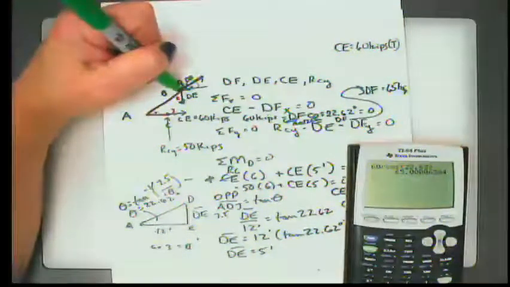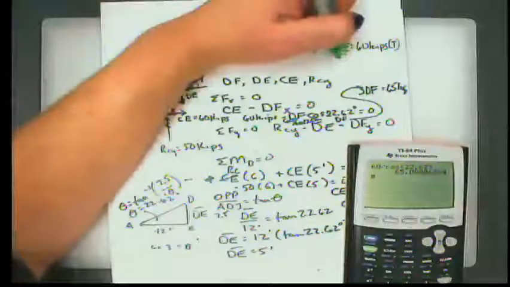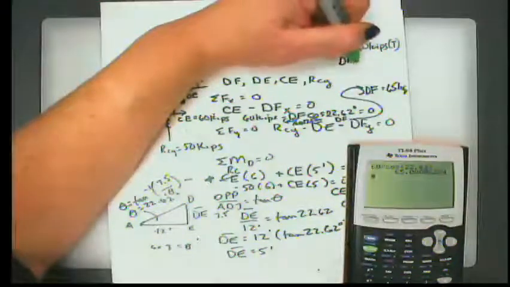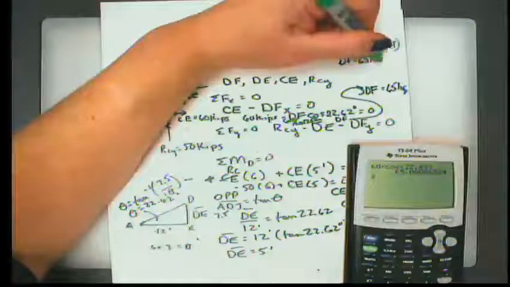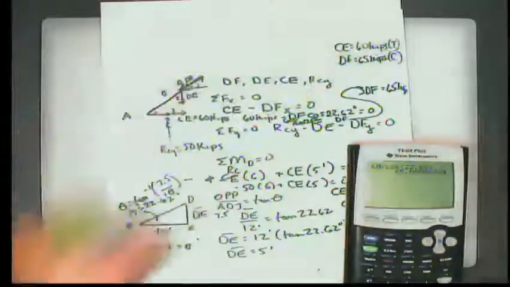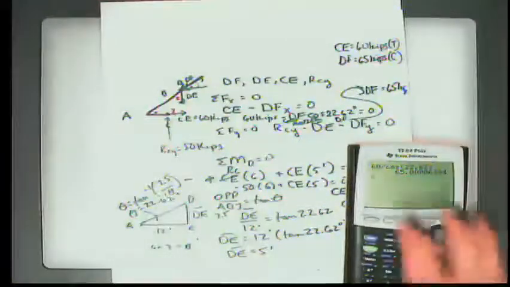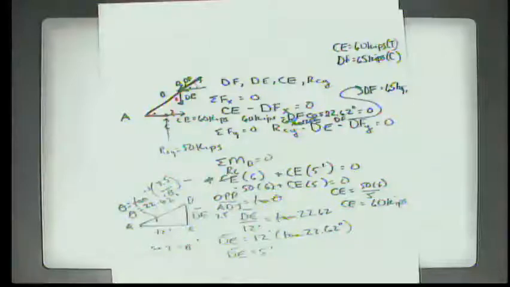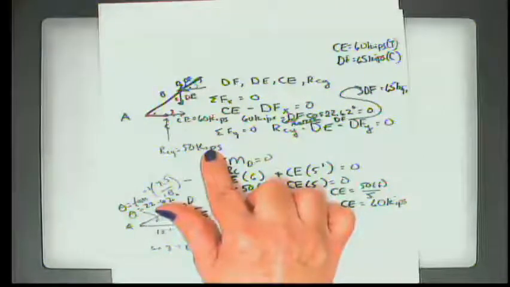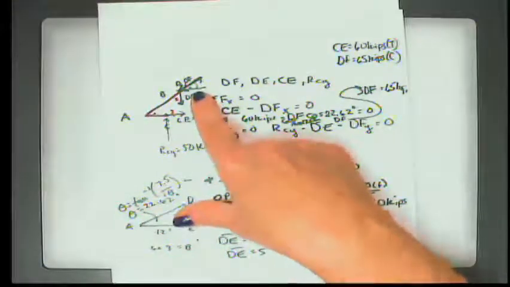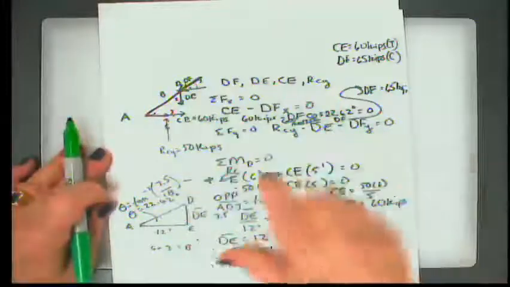All right, so the next thing we need to do, we see that D sub F is pushing on the joint. That means DF is 65 kips, but since it's pushing on the joint, it's in compression. All right, so in this particular truss, we wanted DF, and then we also want DE.